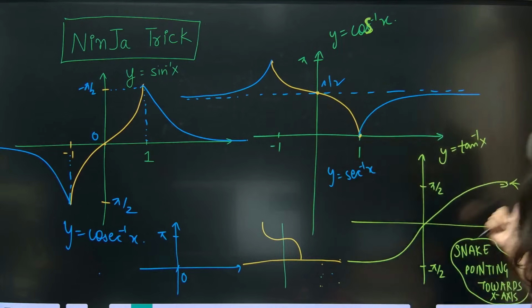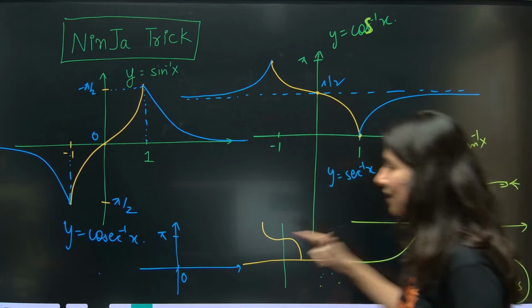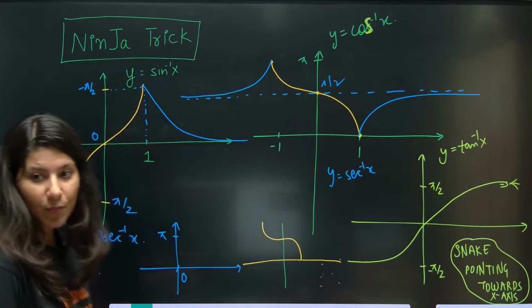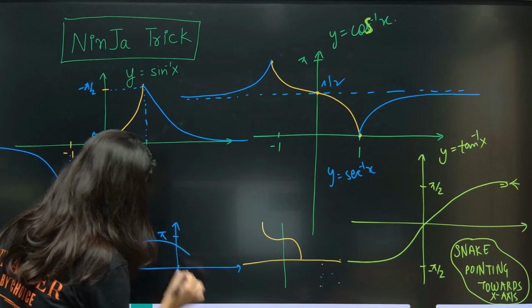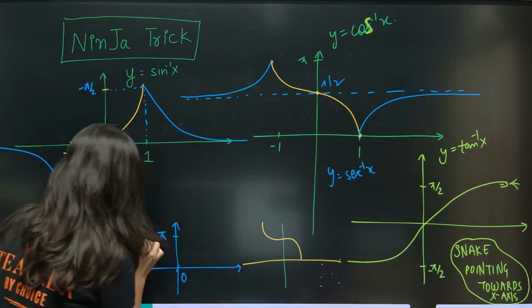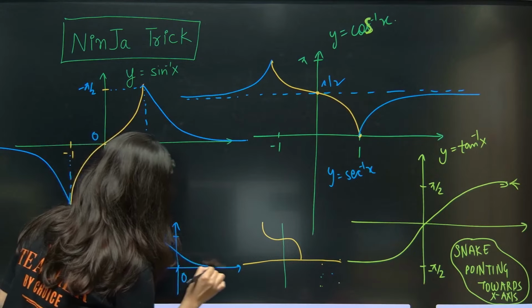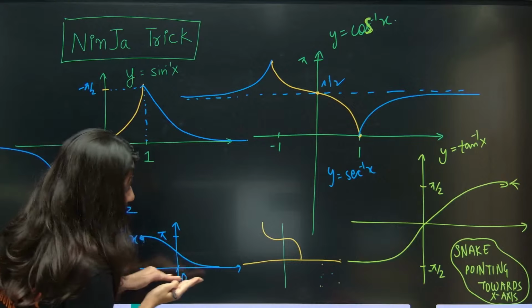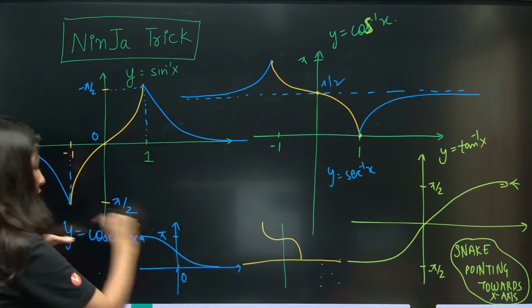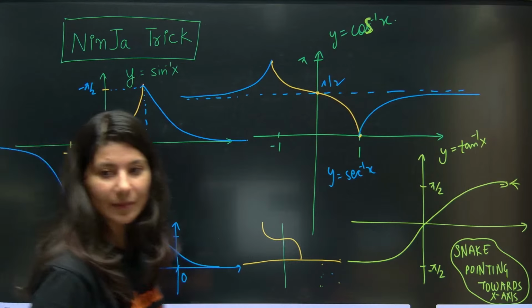Here the snake points towards the x-axis, but here the snake will point towards the negative x-axis like that. So it will go here till infinity, and here also it will extend till infinity.